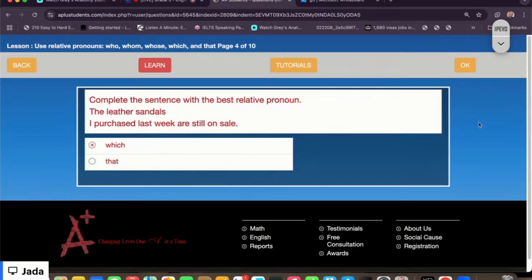So, option one, but that's option two. The musical dash Miss Russell directed was actually quite successful. Which or that?